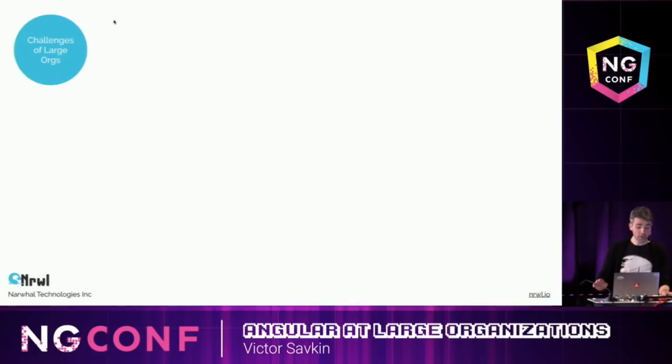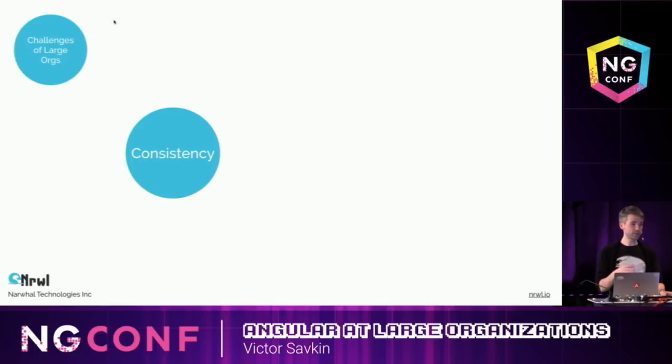So on the surface, large and small organizations are similar. They care about the same kind of stuff. They care about consistency. If every team builds their apps in a very unique, special way, the code is harder to reuse, it's harder to integrate. Having a consistent setup helps in many ways. It's code reuse and team mobility. If a developer joins a particular team, she can go to another team and still be productive. They care about writing safe, robust, error-proof code.